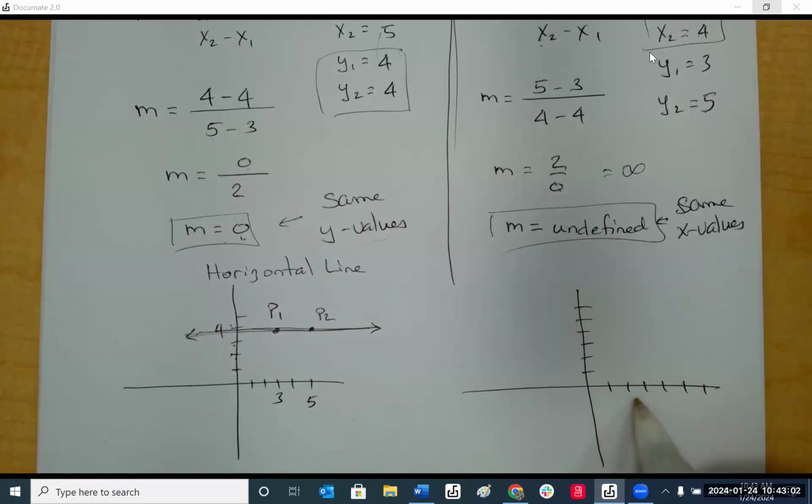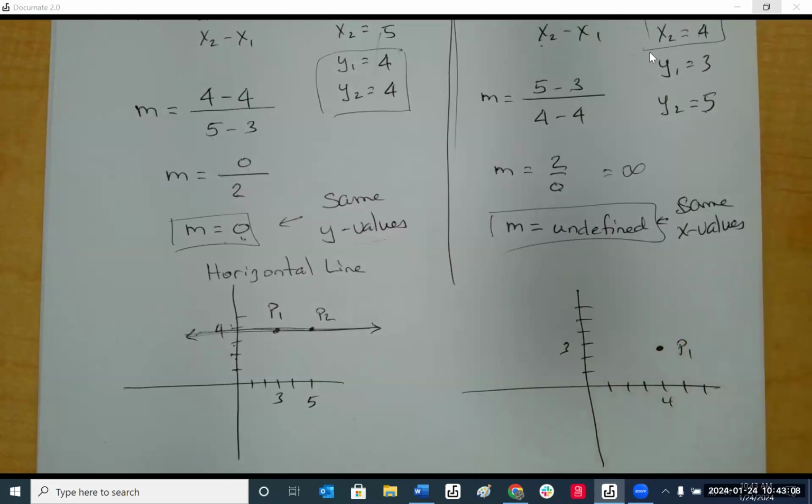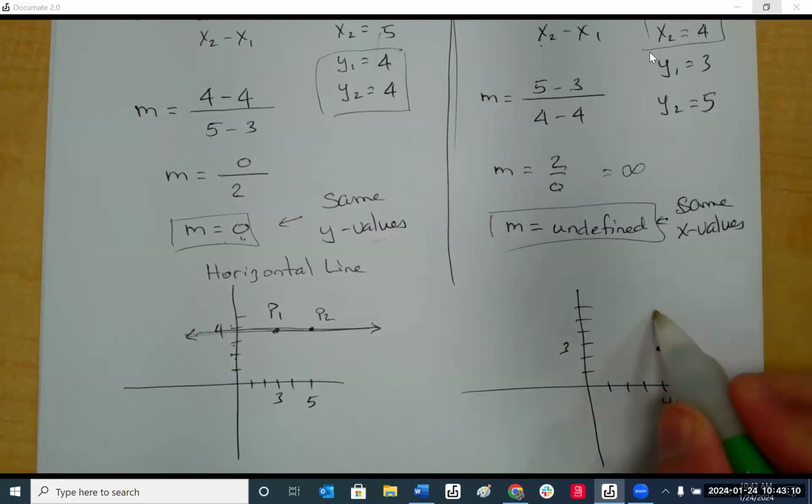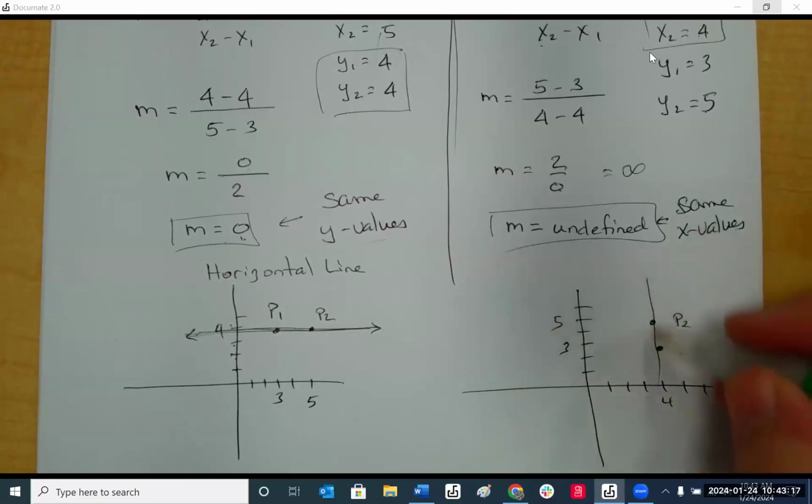So we have this one, 1, 2, 3, 4, 3. That's point 1, and 4, 5. That's point 2. It's a vertical line.